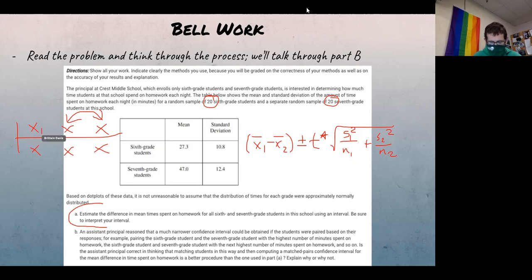So I'm going to put 1 being first place and highest, and now 2nd and 3rd. And I'm going to compare that to the 1st, 2nd, and 3rd in 7th grade. And then I'm going to get a difference between these. So I'm going to create a new column. It's going to be the x sub 1 diff, x sub 2 diff, and x sub 3 diff.